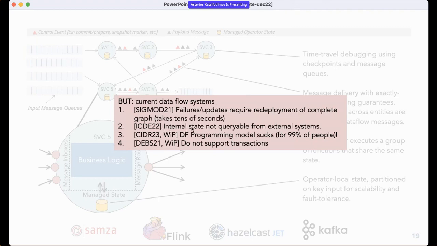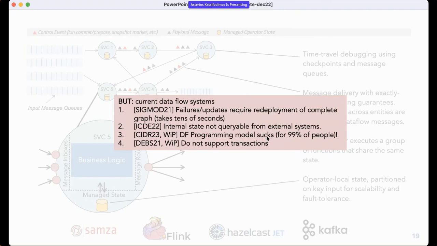The internal state of the stream processors is not queryable just like a database. For instance, if you would have the database as we had it in the previous example of the services, you would simply query how many items do I have left in my system at the moment. The most important thing, and why I'm here today, is that the programming model sucks for 99% of the people.